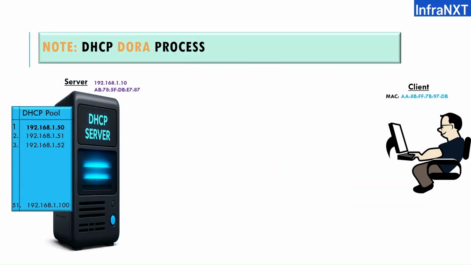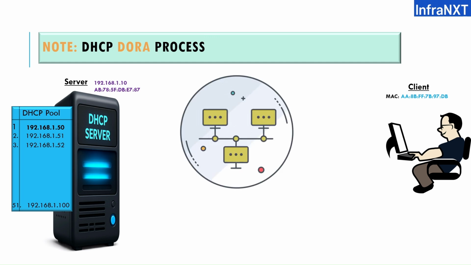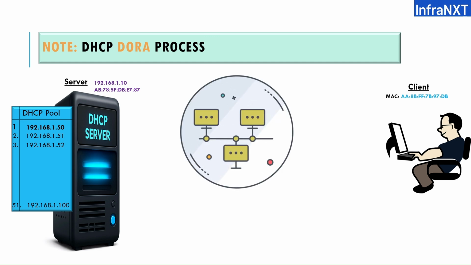In our example, the DHCP server is on our left side and a new DHCP client has joined the network. Since it does not have any IP address, it is actively looking for an IP address from the DHCP server. Let's understand the process of getting an IP address.